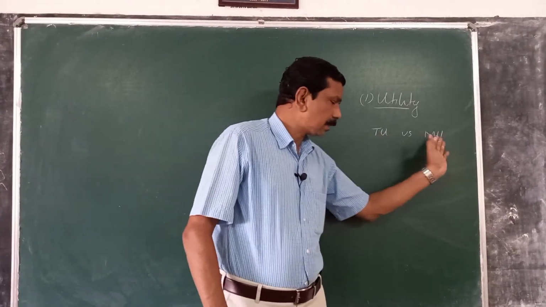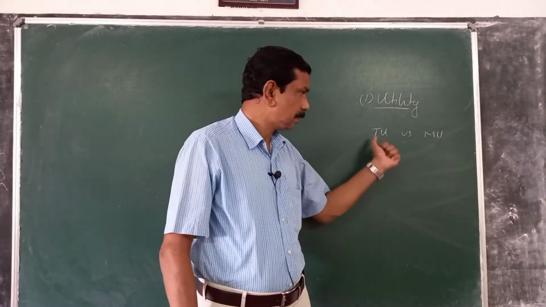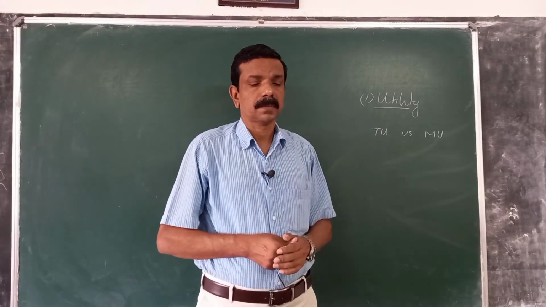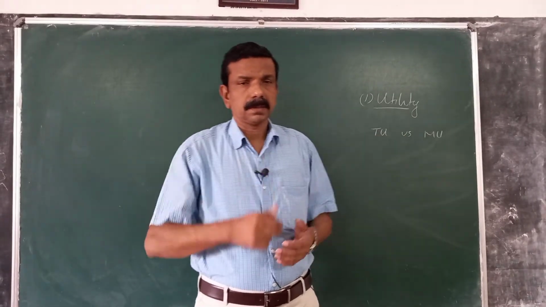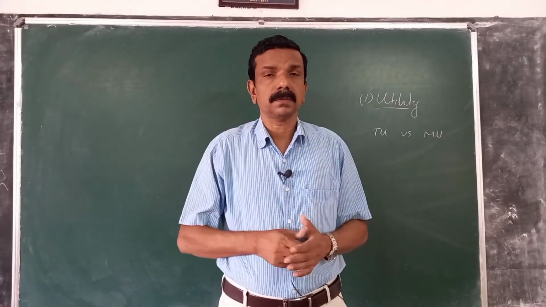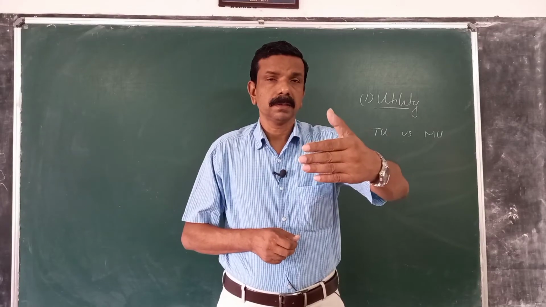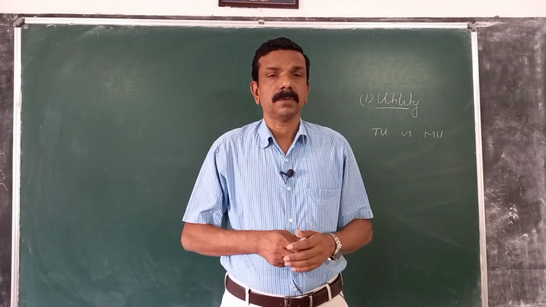That is the total utility received from consuming a specified quantity. And the marginal utility is the per unit change in total utility received from consuming one more unit of the commodity.